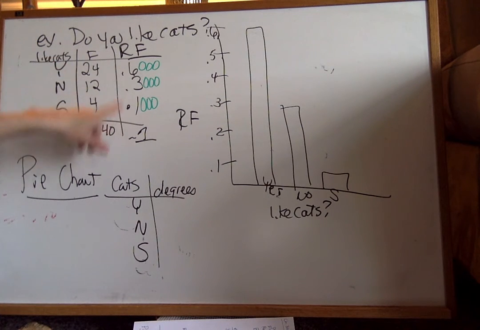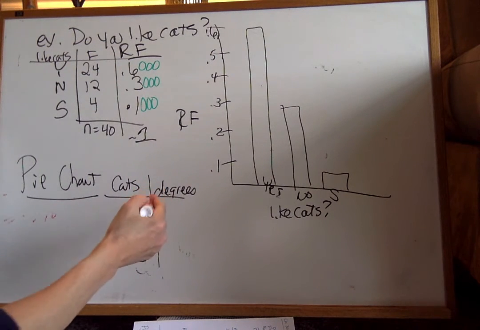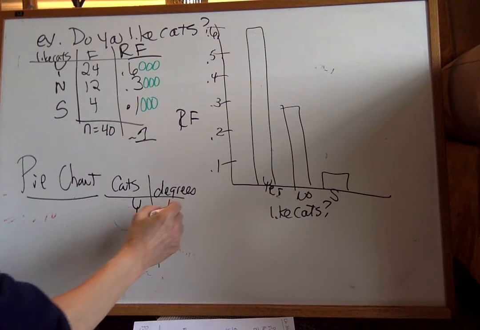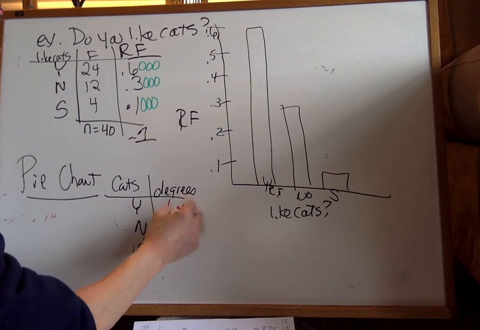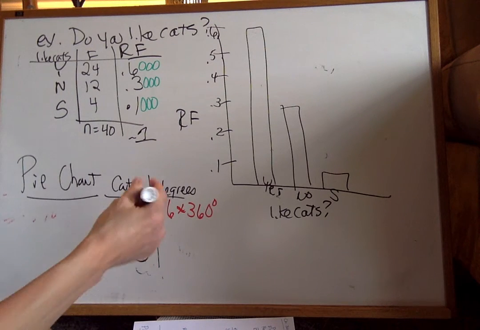Now, we've already done this relative frequency. 60% like cats. So I just have to figure out what is 60% of 360 degrees. Remember, of in mathematics means multiply.